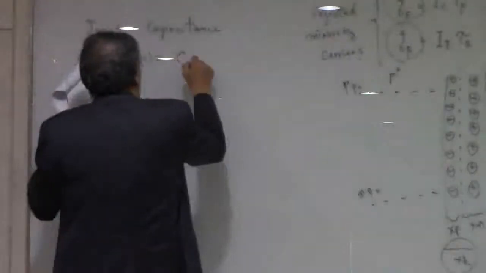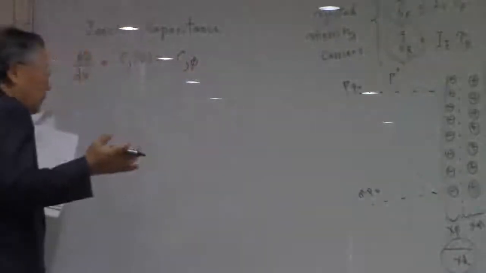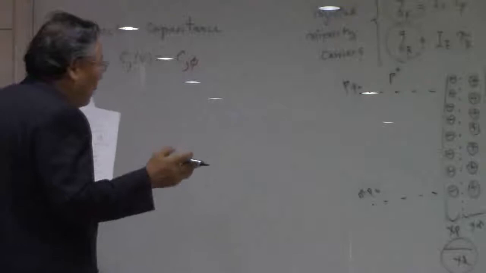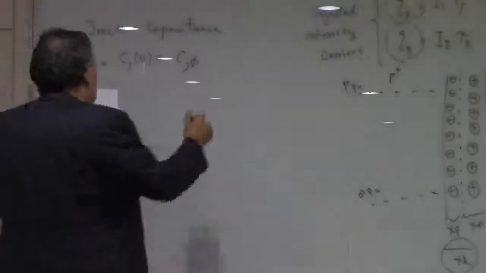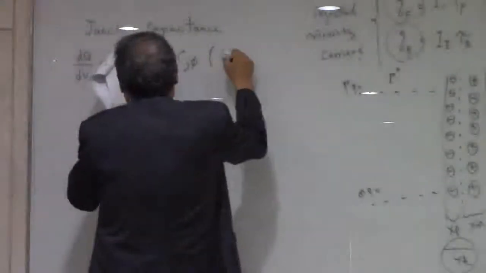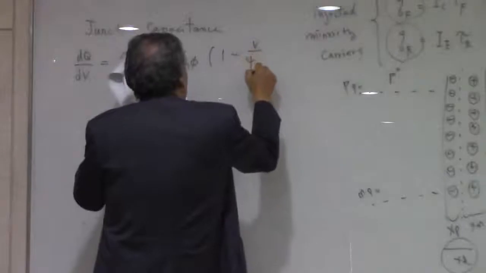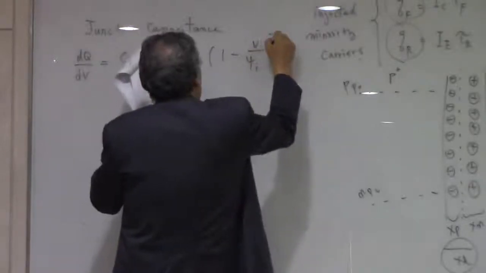Then CJ0 means the junction capacitance at no applied voltage, and then it's going to be corrected with this equation.